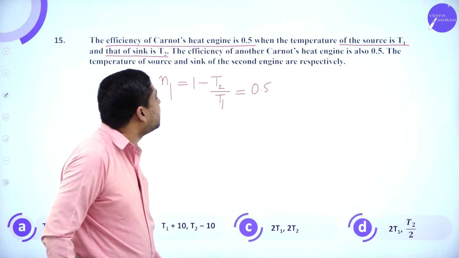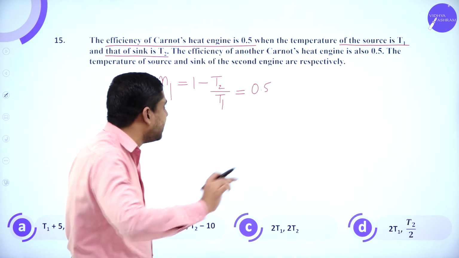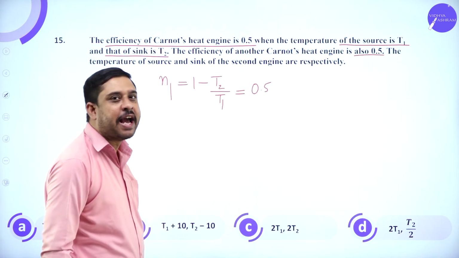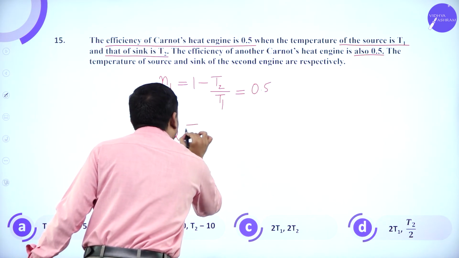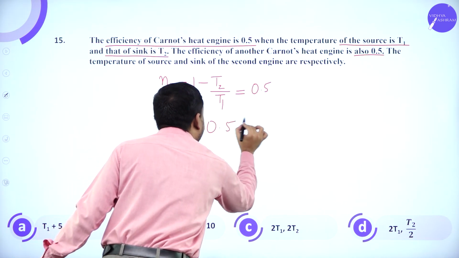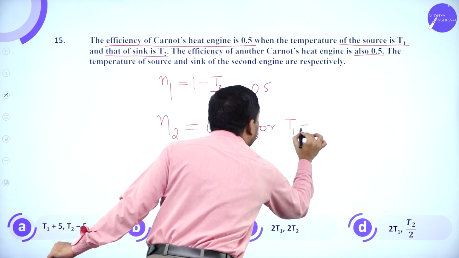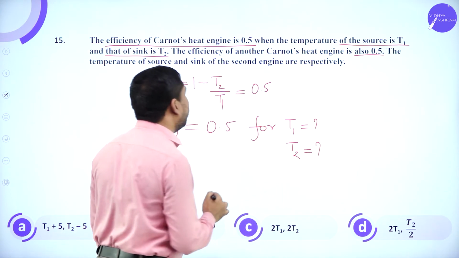The efficiency of another Carnot's engine is also 0.5. Eta 2 is also 0.5. For what values of T1 and T2?